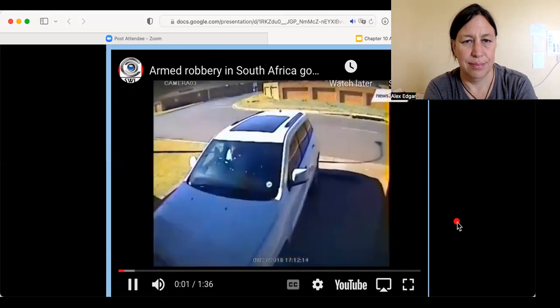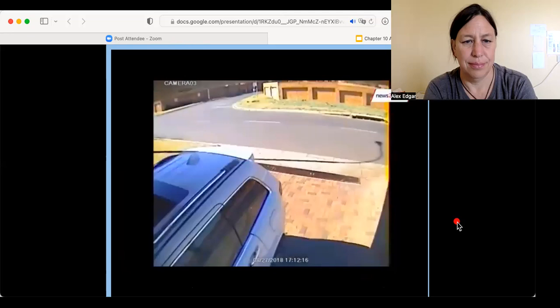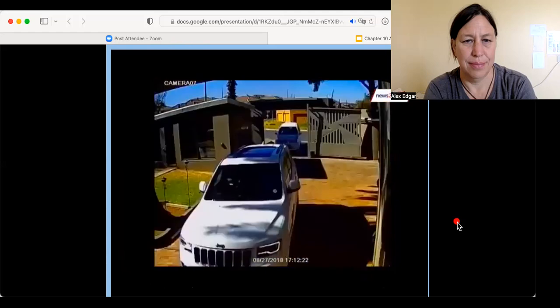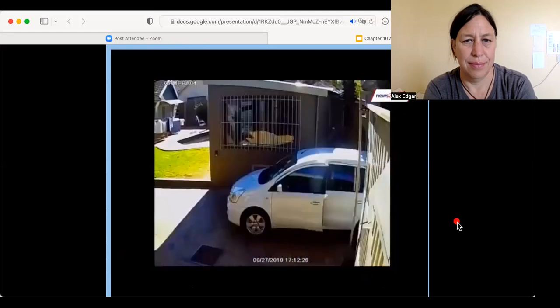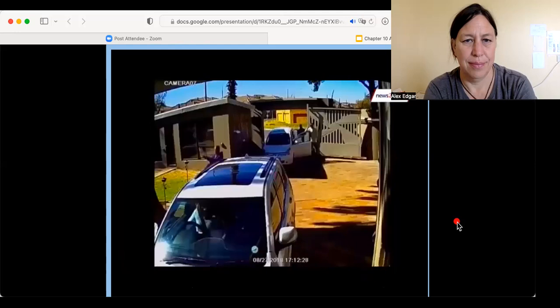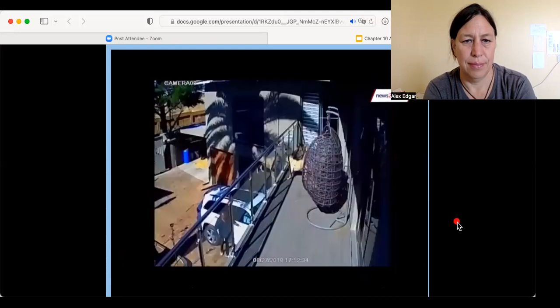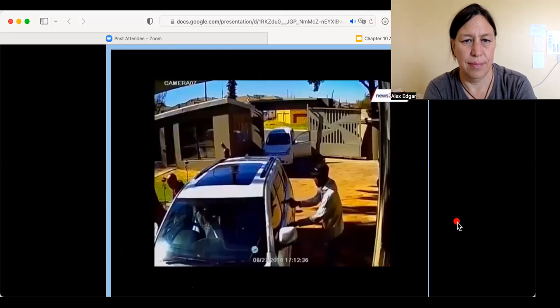I was driving, stopped at my gate, at my house, opened the gate. As I was going to open the boot, I just saw this white car behind me, and I just told my daughter just to close the doors and just be calm. And the guys were getting more and more aggressive. I just told her that they can't break the windows. The backup is on the way.